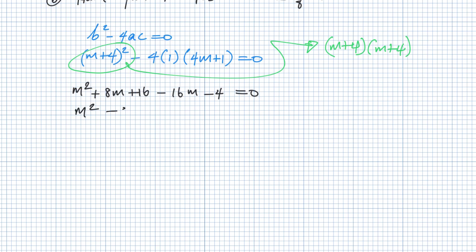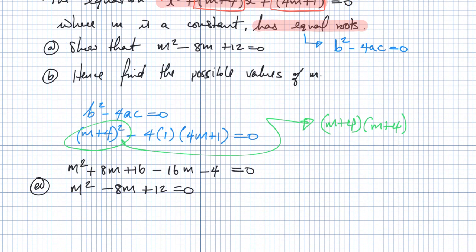And then once we sort out that plus 16 here and that minus 4, we're going to get 12, because 16 take away 4 equals 12, equals 0. And this is part A of the question, as you can remember, now answered, because they said show that you're going to get m squared minus 8m plus 12, and we've shown that here.